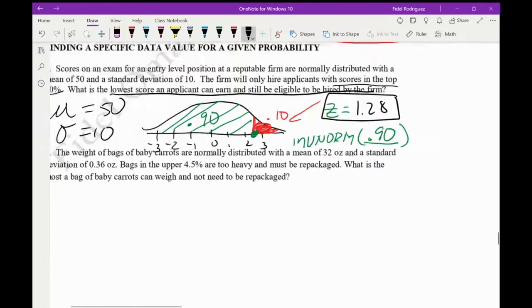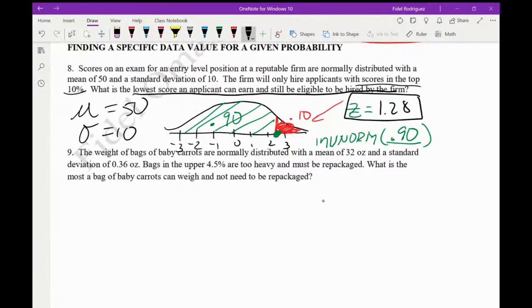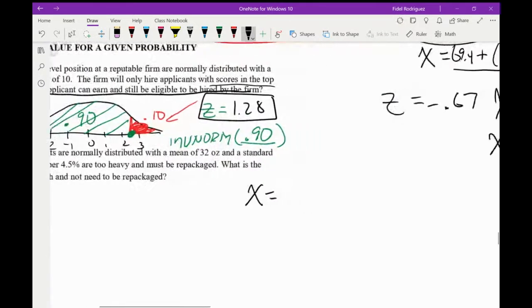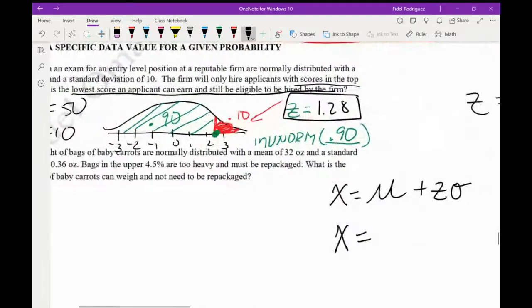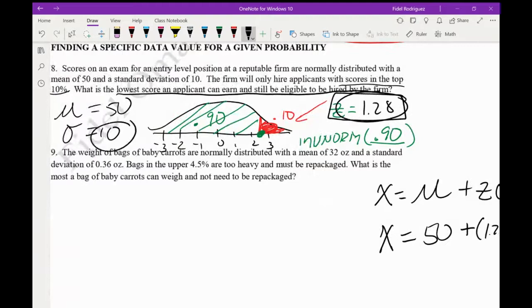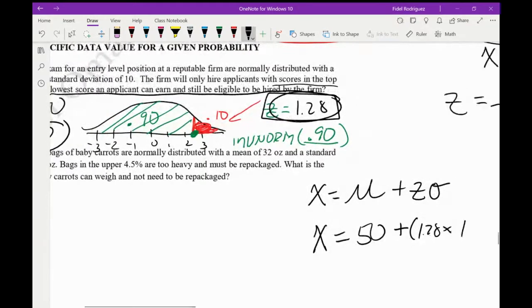Now it says, what's the lowest score an applicant can earn and still be hired by the firm? So what I'm trying to find is my x value. Remember, the formula is x equals mu plus z times sigma. My mu in this case was 50, my z value that I came up with was 1.28, and my sigma here was 10.